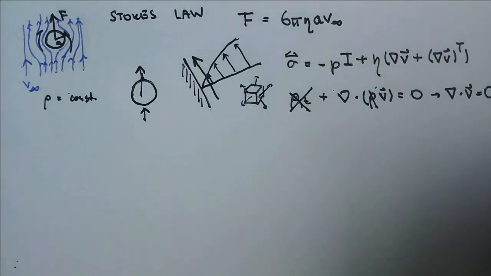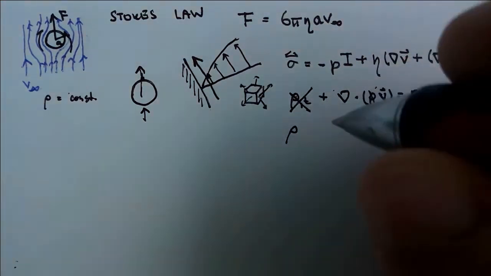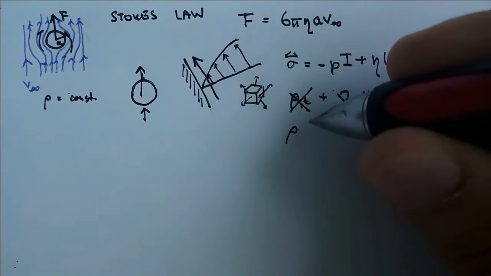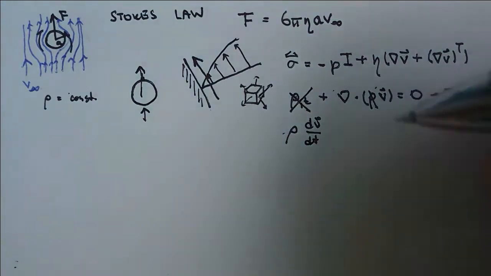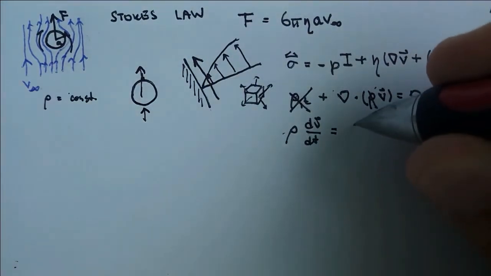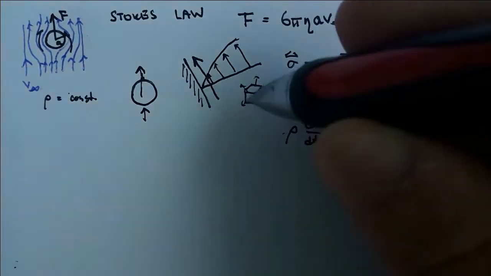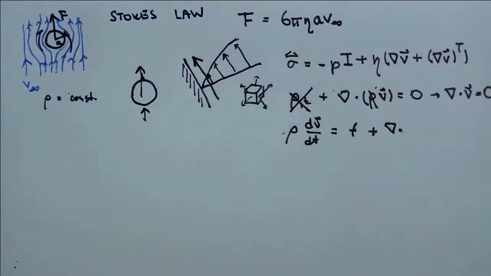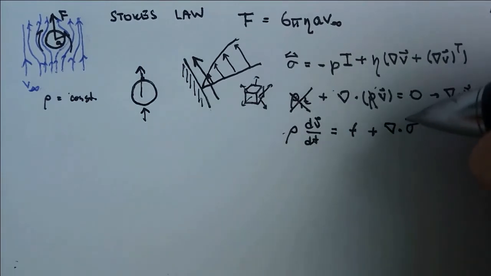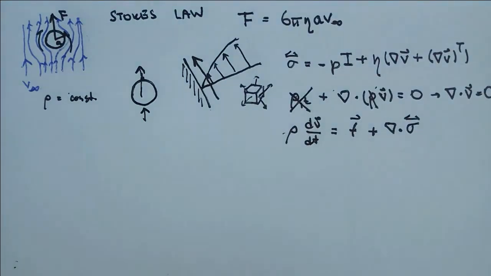The second one is coming from Newton's relation, or the balance of momentum, which actually tells us that force is equal to mass times acceleration. Mass times acceleration has a counterpart in hydrodynamics as rho times the derivative of v, which is acceleration, and that's equal to the force exerted upon a little elementary volume plus forces acting on the surface, which are going to be included by this divergence of the stress, because this is a vector, and this must be a divergence because it's also a vector.